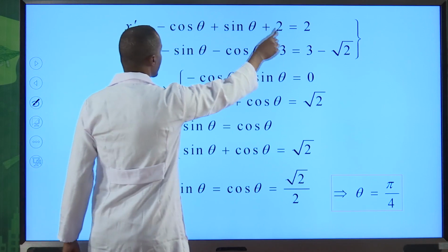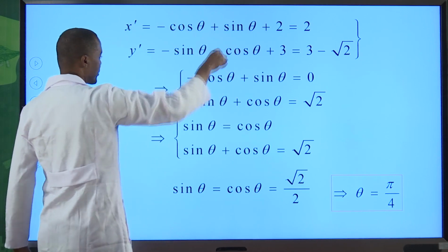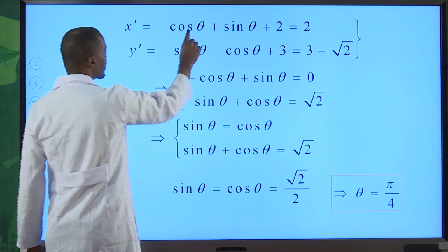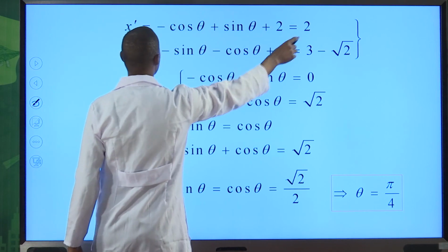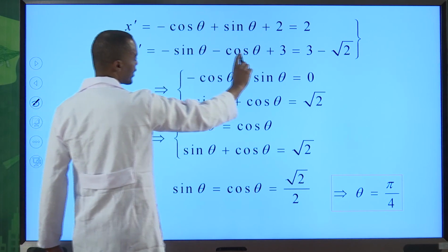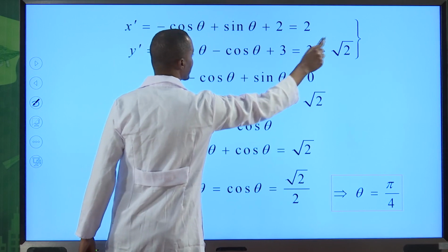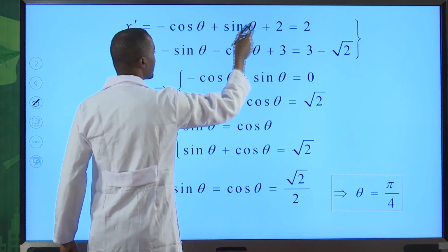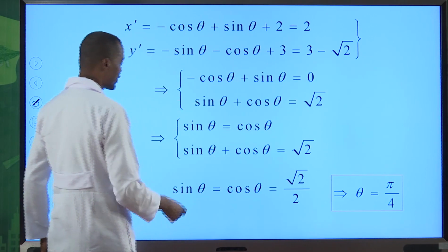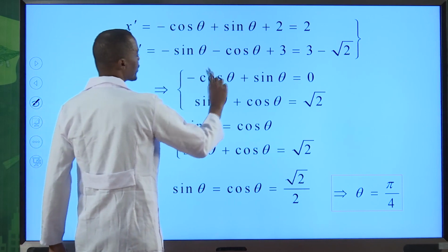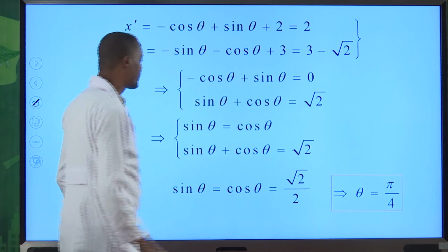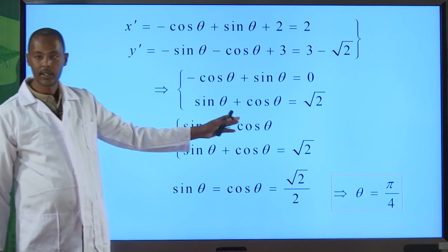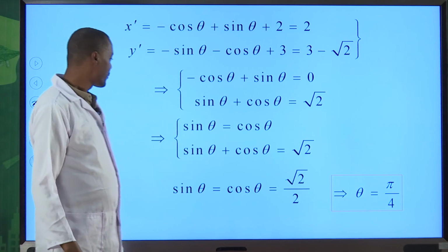By eliminating similar terms, I'm left with minus cosine theta plus sine theta plus 2 is 2, and minus sine theta minus cosine theta plus 3 is equal to 3 minus root 2. By reducing this expression, I finally get minus cosine theta plus sine theta is 0, and sine theta plus cosine theta is equal to root 2.